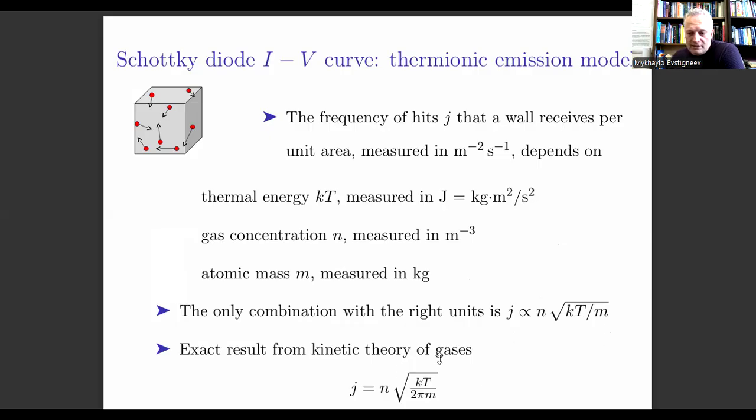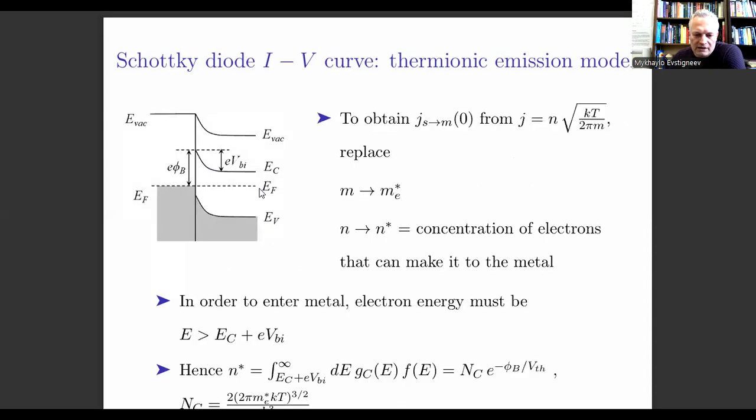All right, so that's the result, and now we wish to apply it to our electrons which are in the semiconductor. So we need to find the semiconductor to metal current, which is the reverse saturation current density, using this formula that we have obtained from the kinetic theory of gases. What do we need to do?